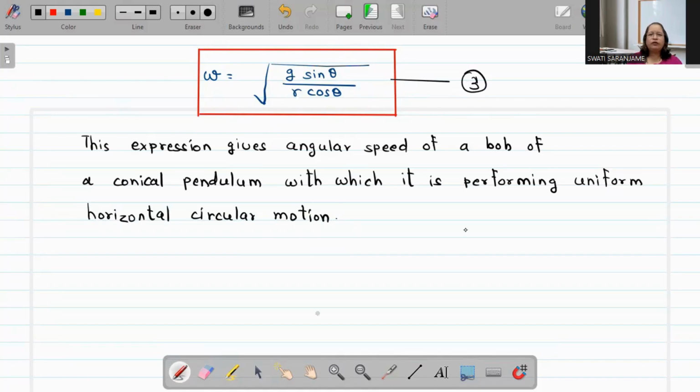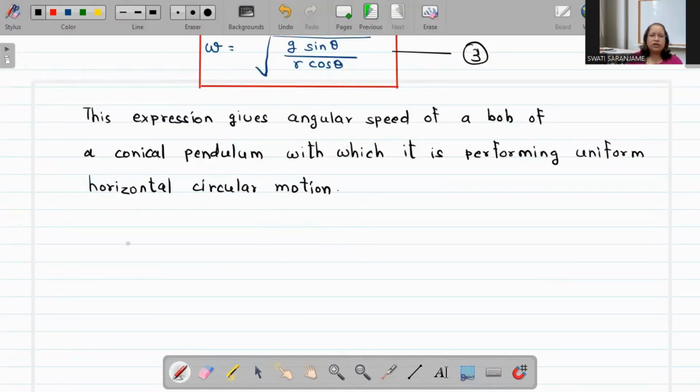Now, we want to find the expression for periodic time. This is our fifth point.